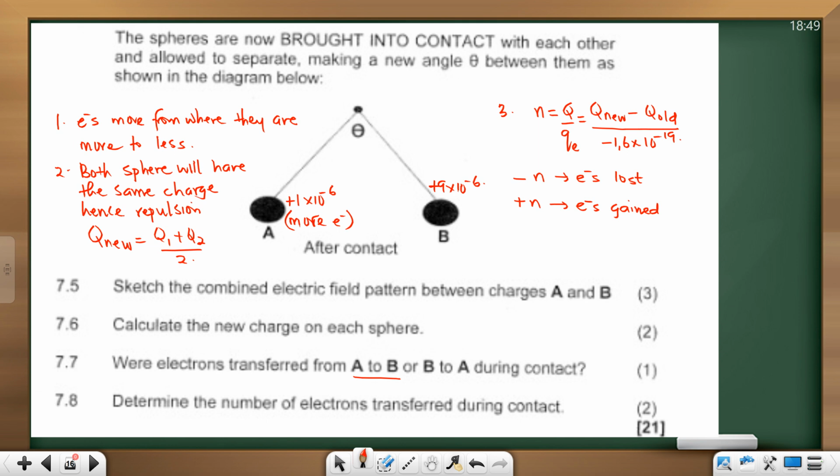For Q new, just pick either A or B. You don't have to do both of them. So Q new of A minus the Q old, divided by that, and we're done. And I'm sure you can draw the attraction and repulsion. If it's repelling, then it goes almost like the diagram of a kidney.